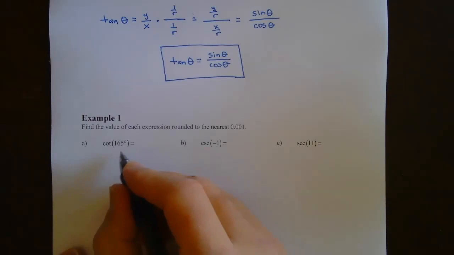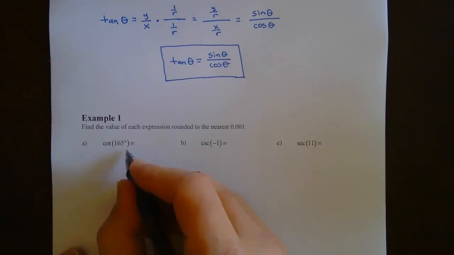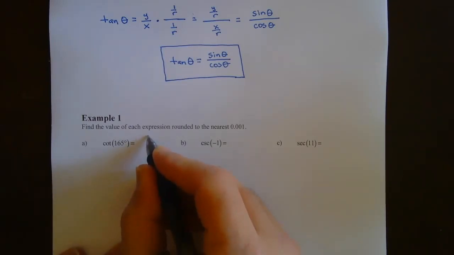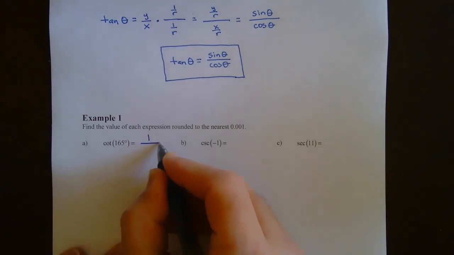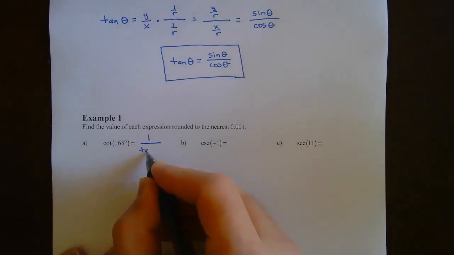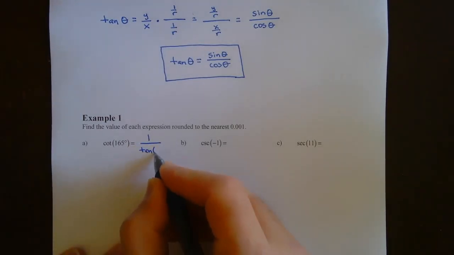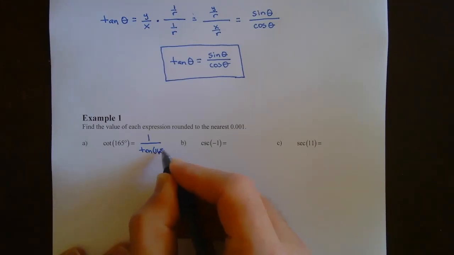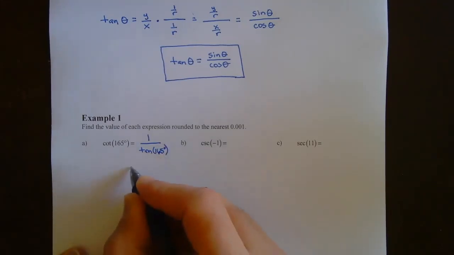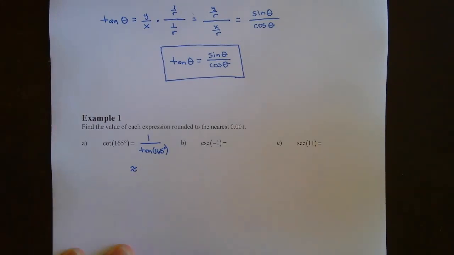So cotangent of 165 degrees is equivalent to 1 over tan of 165 degrees, okay? We're going to put this into our calculator, and we'll get an approximate answer. I'm going to do them all on the calculator and on Desmos all at once, okay?